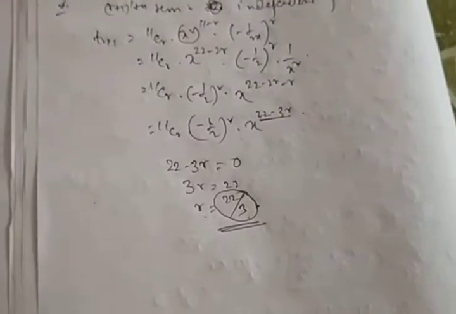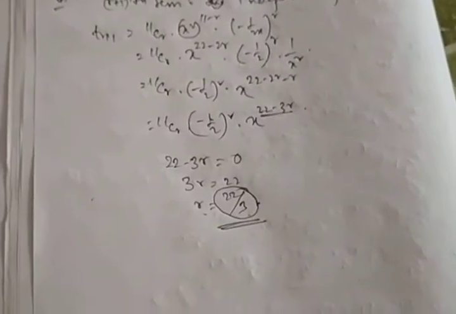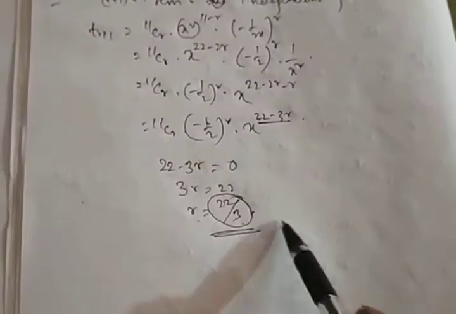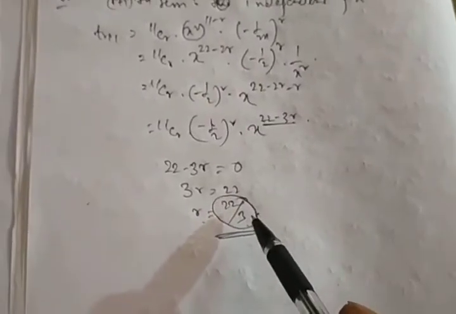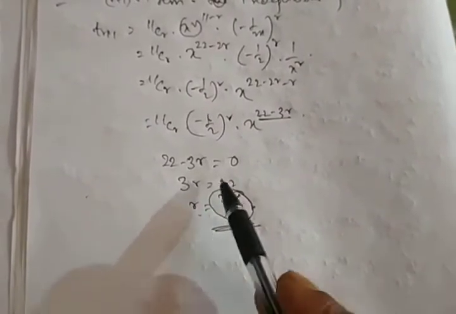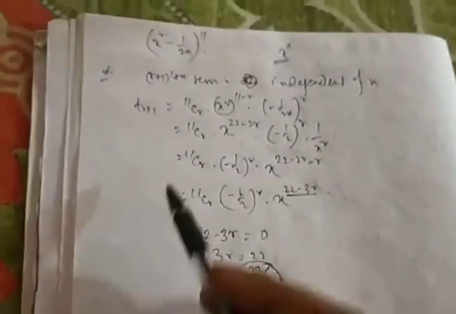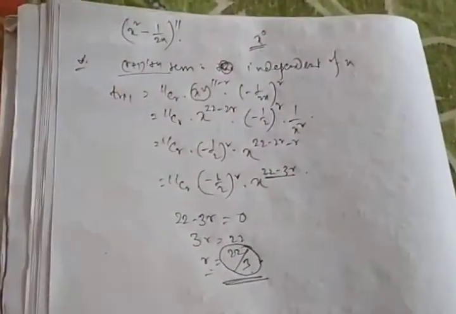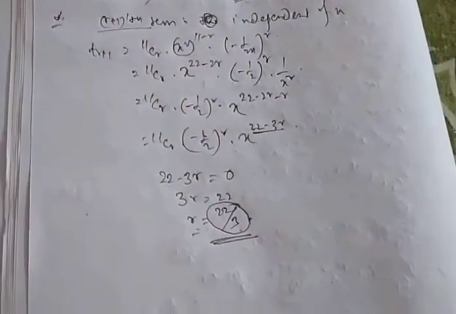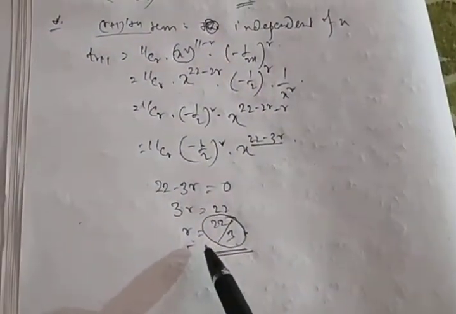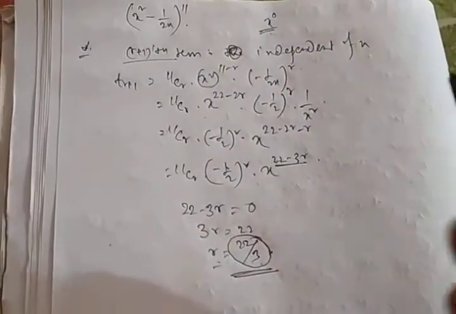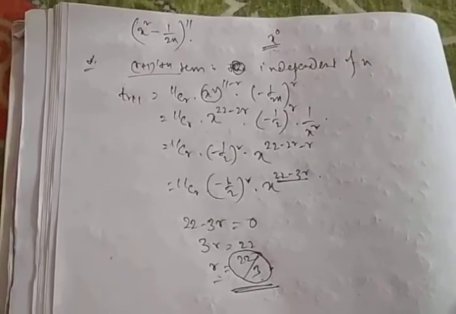There will be first term, second term, third term, fourth term, always a natural number. So whenever you get a fractional number, the assumption is false, that is, the opposite assumption will be true.